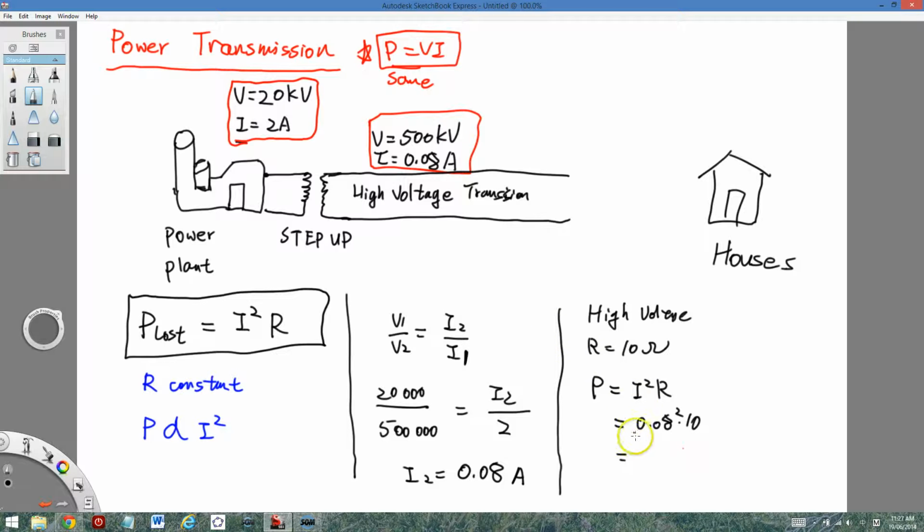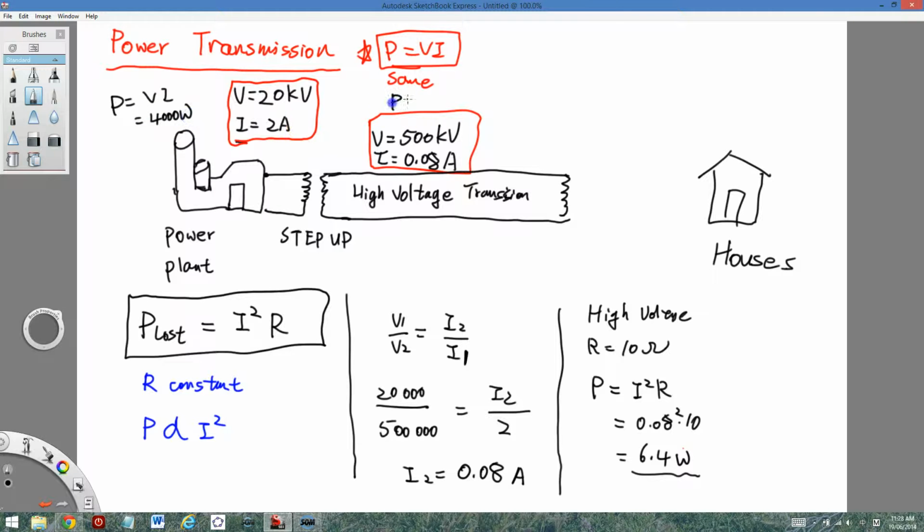You get 6.4 watts power lost. Okay, so if you do your math, before, the power equals VI, which is 20,000 times 2, is going to be 40,000 watts.